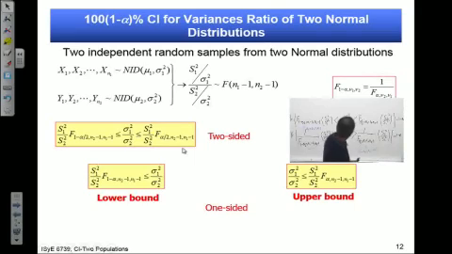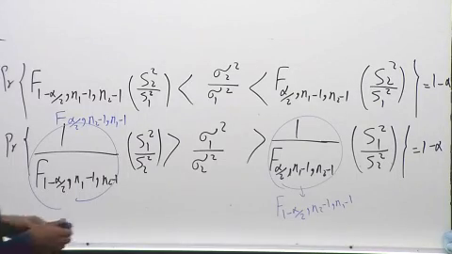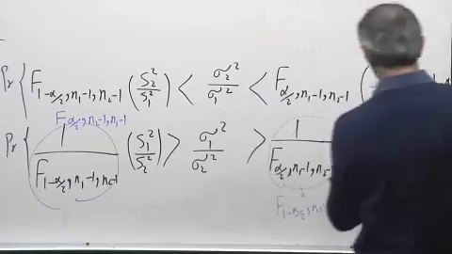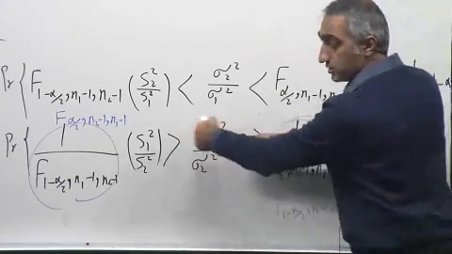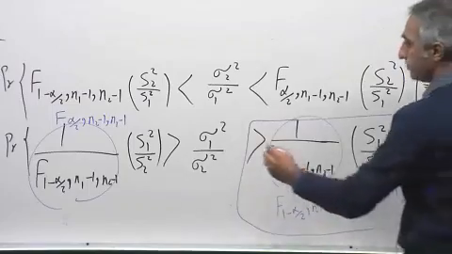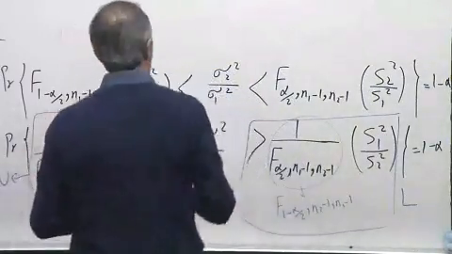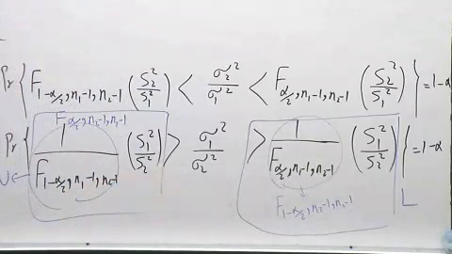The lower bound, you have this one, which is wrong. Oh yeah, this is lower bound, sorry. That's correct, because we changed the sign of inequality. This is the lower bound, and this is the upper bound. Okay?